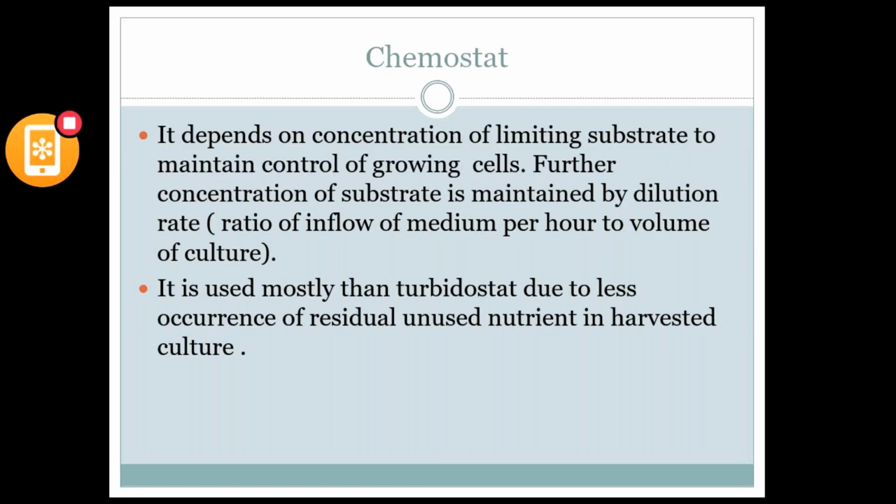Coming to the chemostat. Here in the chemostat, the rate of inflow and the rate of outflow is maintained by a limited nutrient. Here the main important nutrient which is required for the growth of the microorganism is limited. That means not a huge amount of the required nutrient is added, but a little amount of nutrient is added continuously. Like when we are suffering with any health issues, a doctor generally advises you not to eat much food at the same time, but to eat a little amount of food a number of times.